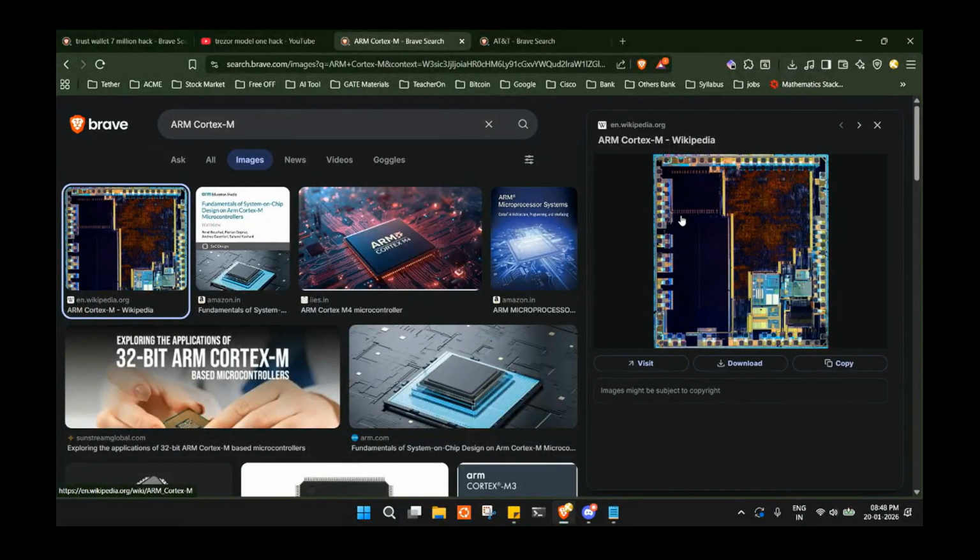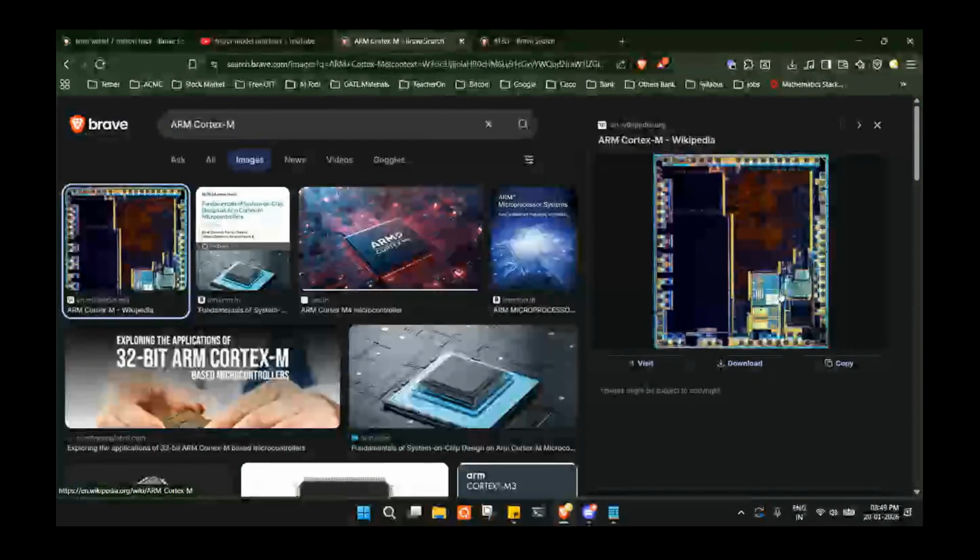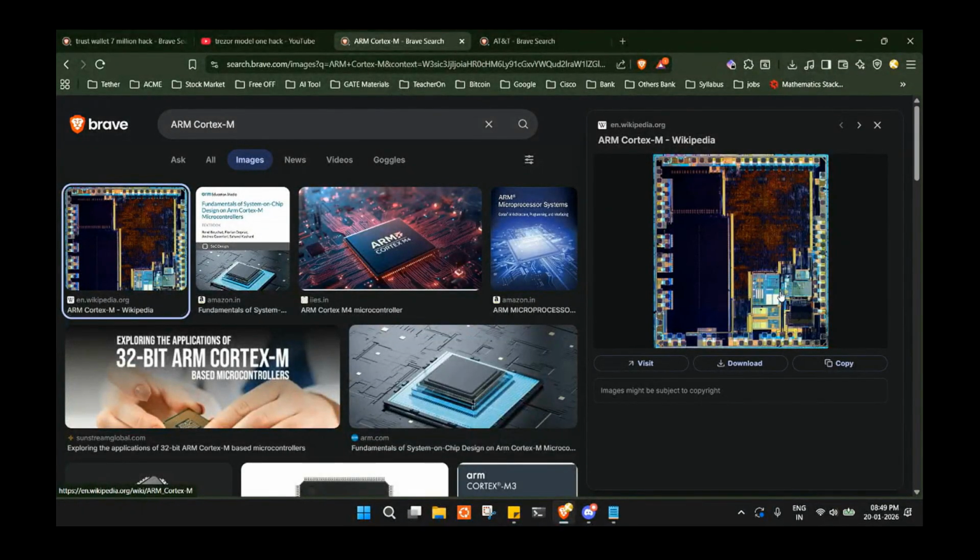You just need to open it, see all those components, and put a laser pulse at the right moment, when the chip is trying to check or compare the PIN or the encryption key or something you have put, or extra two-factor authentication.